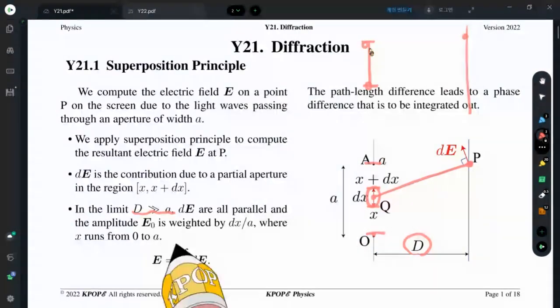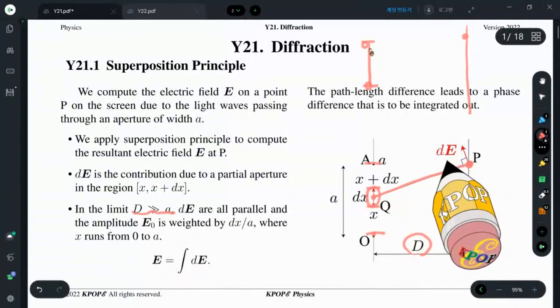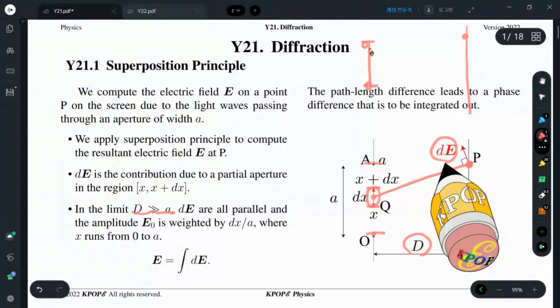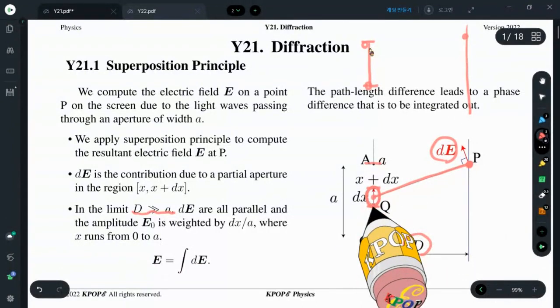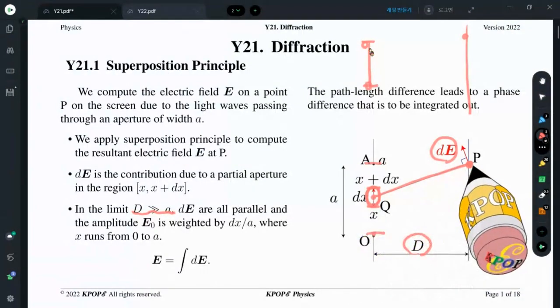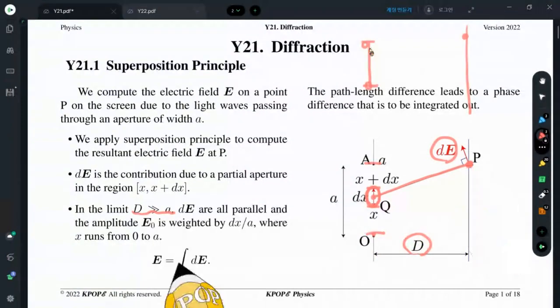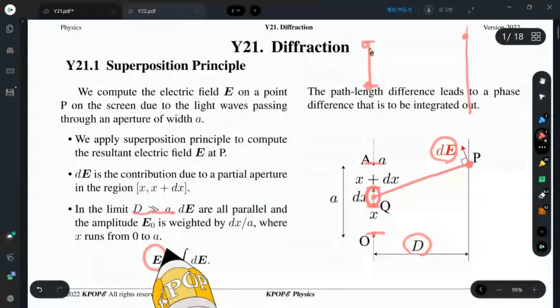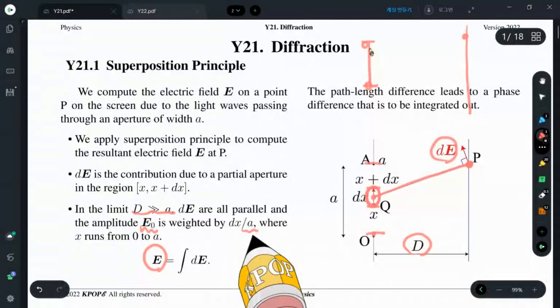So we focus on adding all of the partial contributions to the electric field due to a tiny piece of the aperture. To find a resultant electric field that has the same dimension as the original electric field with the amplitude E0, we divide the contribution by the width a.